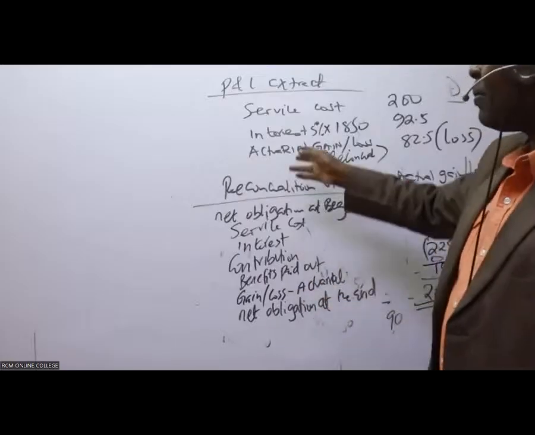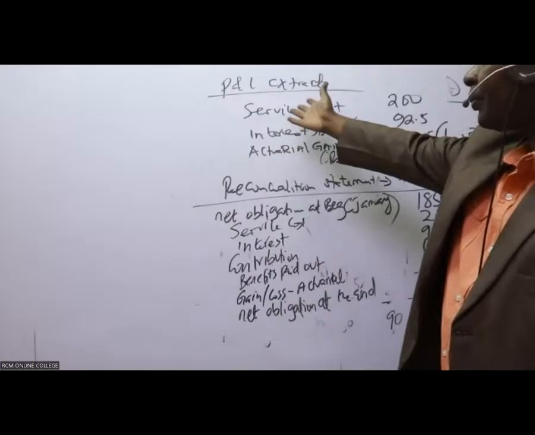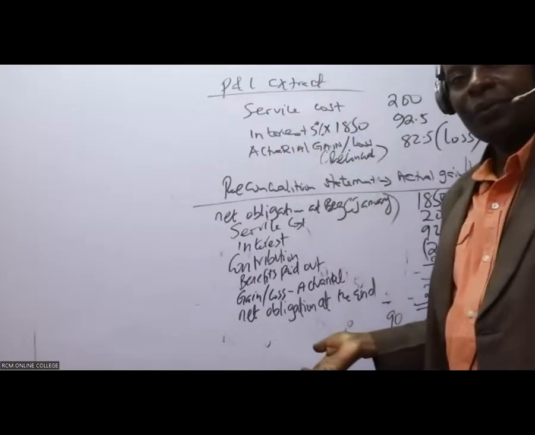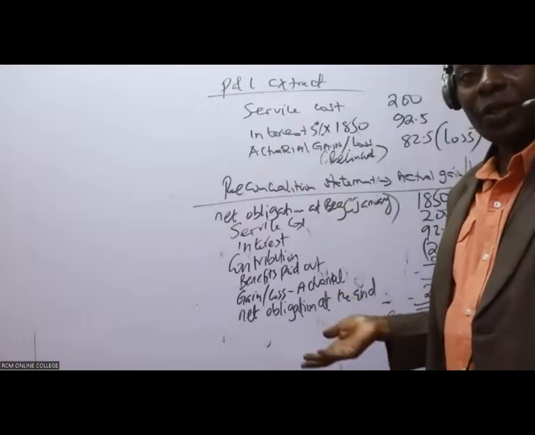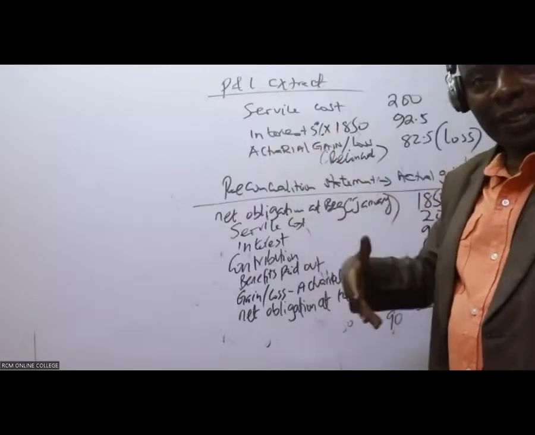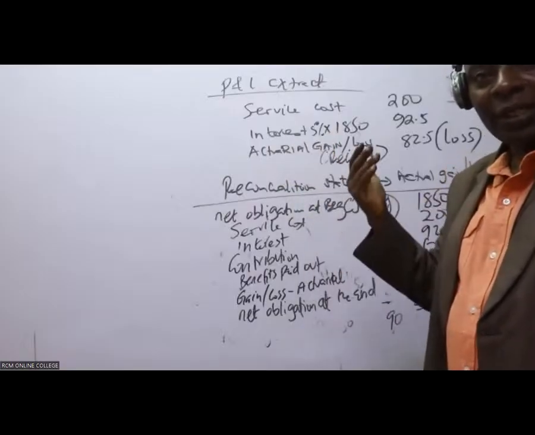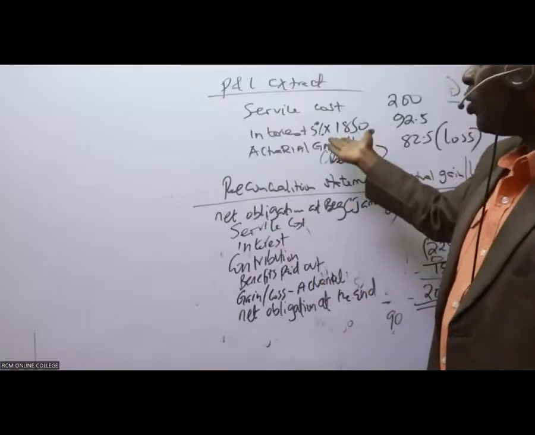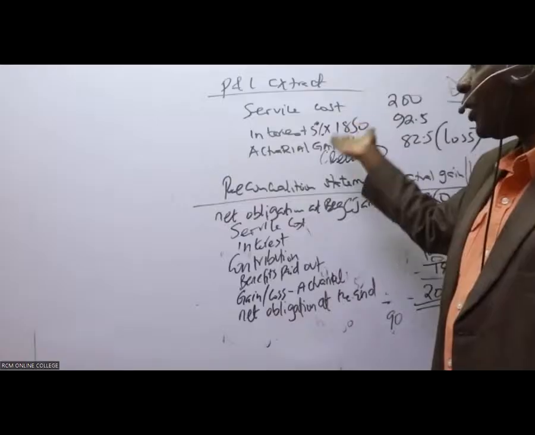And therefore, I will debit the P&L. I'll take this to the P&L as an expense. Interest is an expense. I'll debit this interest expense, or I simply take this to the profit and loss account.